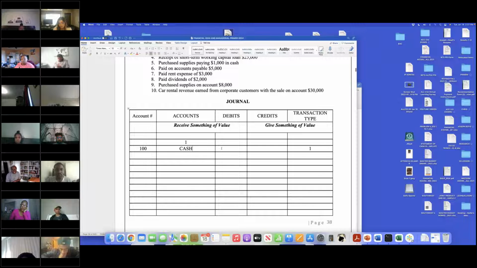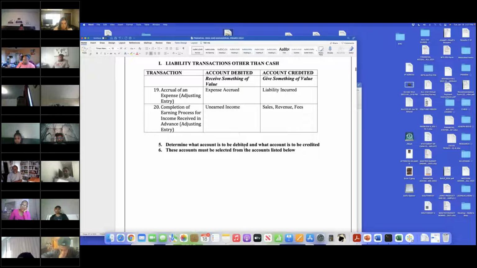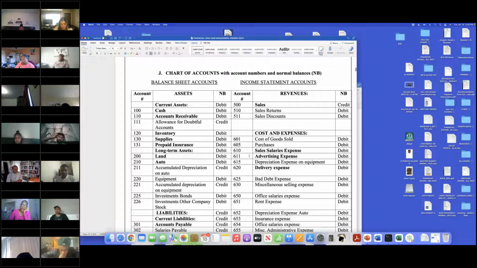So the business got cash. We gave up those common stock certificates. So this is a journal entry. This is journal entry 1, and in a journal entry 1, it's telling you debit cash and credit common stock. So we go in here into the T account to see what the number is for common stock. It's 400.